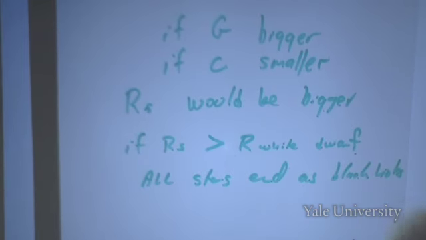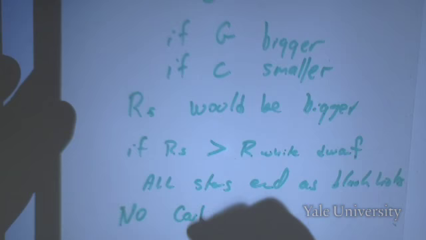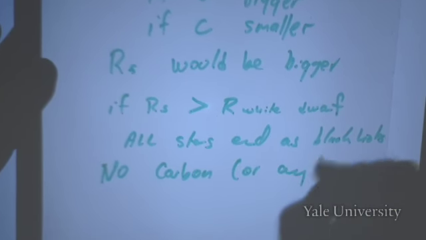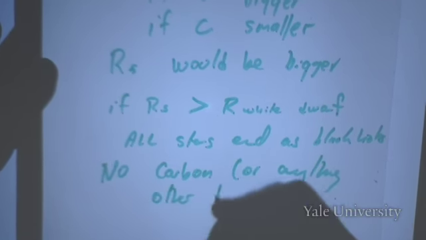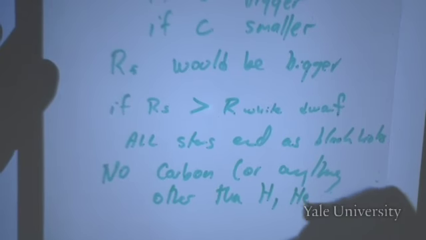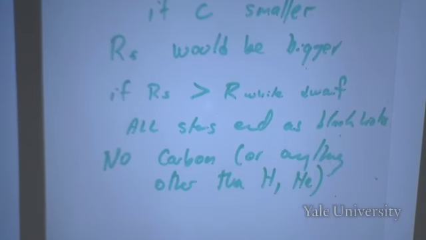And the consequence of that is that the carbon that is made in stars is never dispersed into the universe, and you never end up with planets, because the next generation of stars is still made out of pure hydrogen and helium, just like the first generation of stars was, and you never end up with any heavy elements, and so you can't form planets. So no carbon or anything other than hydrogen and helium. And you're not going to make life out of hydrogen gas and helium.